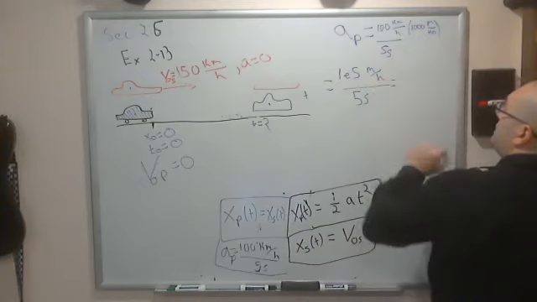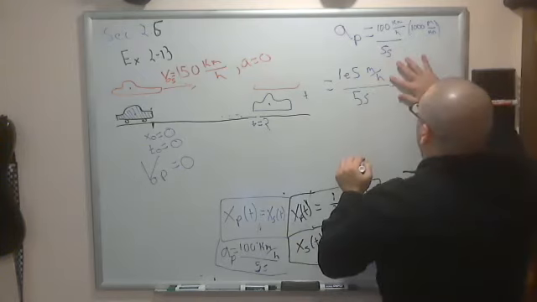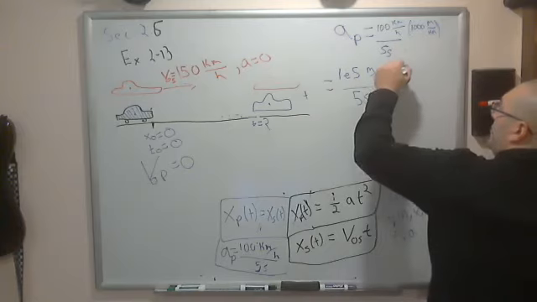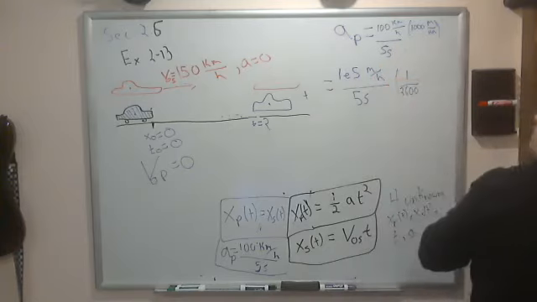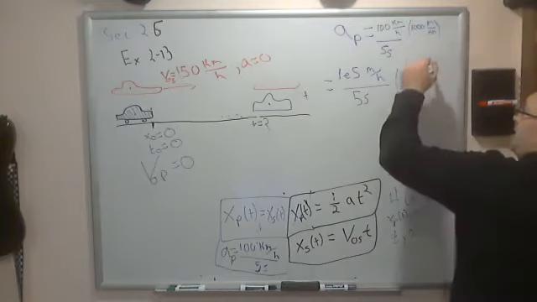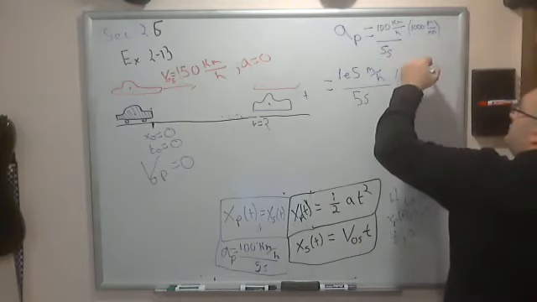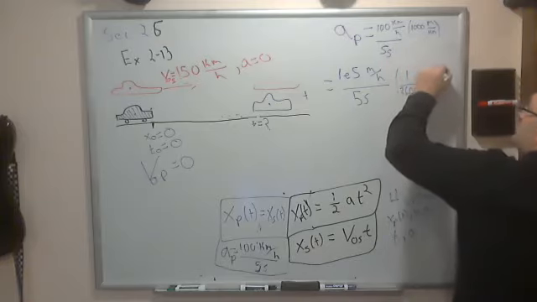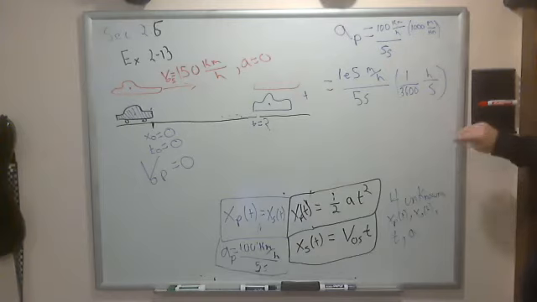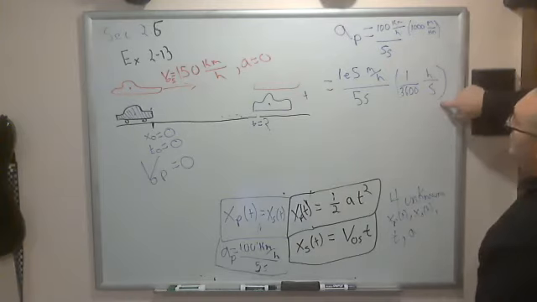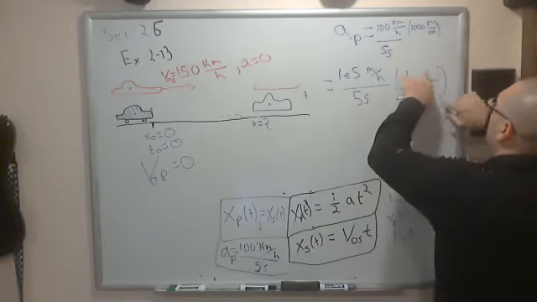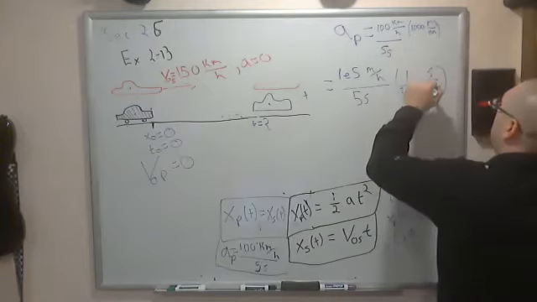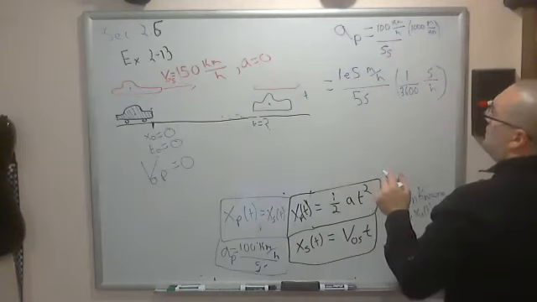Now we've got to convert this to seconds, and then we would have, so there's 1 over 3,600 seconds in an hour. So then we have hours per second. And then we multiply through, seconds per hour.